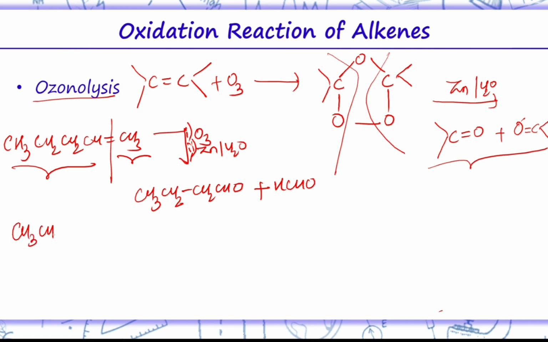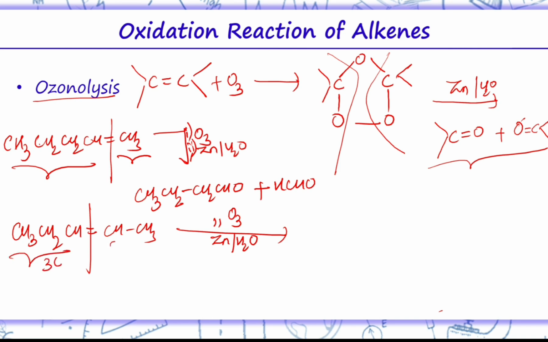The next example, CH3CH2CH=CHCH3, again the same ozonolysis, and then further reducing it with zinc and H2O. This bond will break, here 3 carbons and here 2 carbons, so we will get CH3CH2CHO plus CH3CHO.